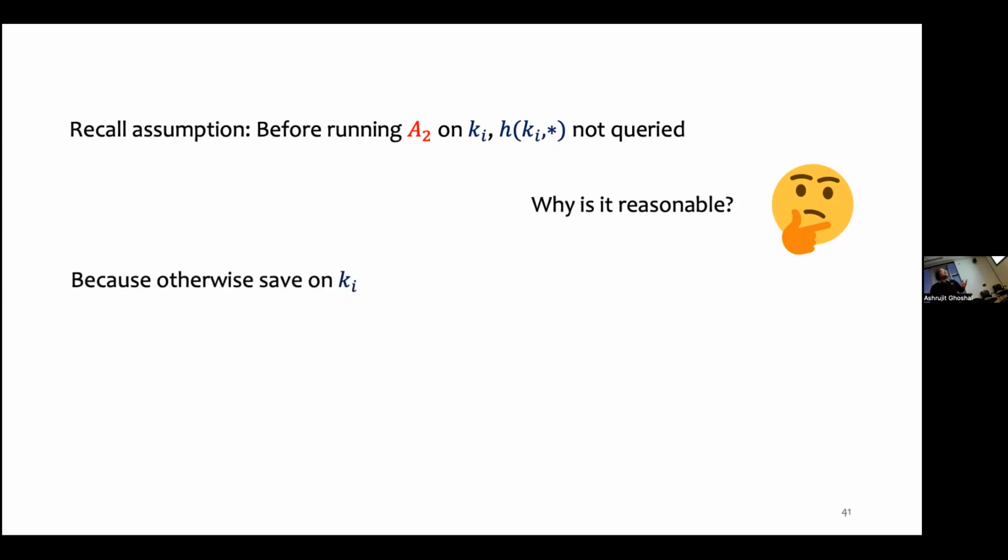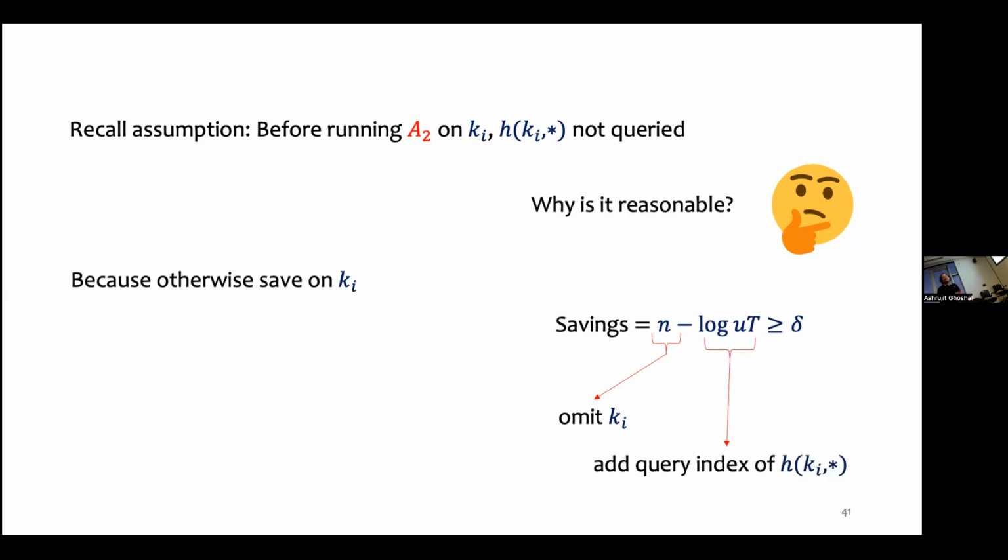Well, it turns out that if the adversary has queried on that key, we don't need to save on anything, and we can just save on the key itself. Recall that we were compressing the random oracles along with the set of keys. So in this case, we would omit the key from the encoding and instead store the index of the query where the key was queried as a prefix. And that's more than the delta that we want to save.